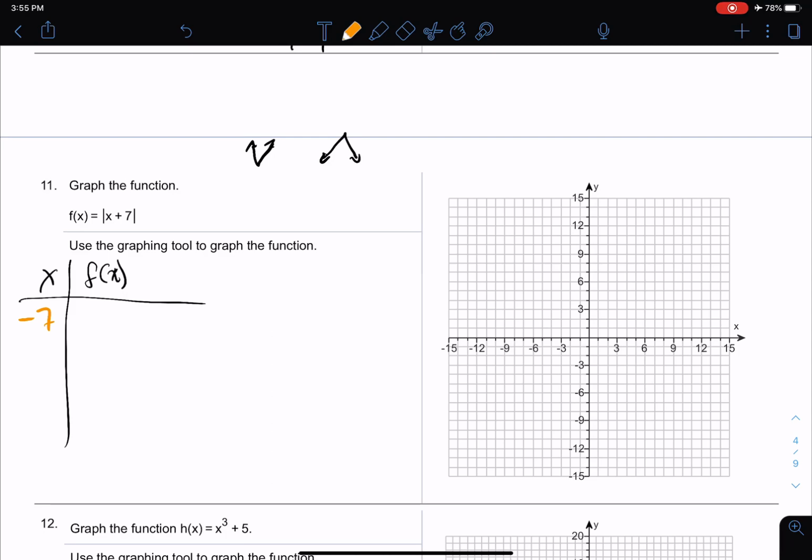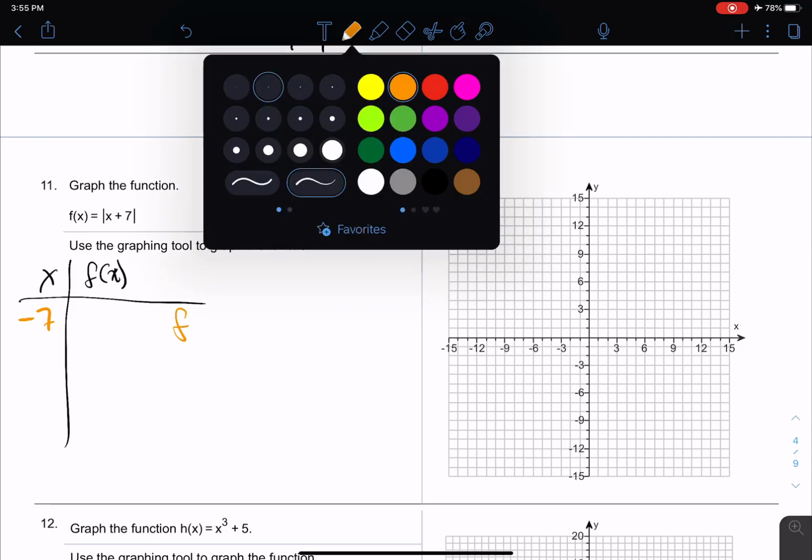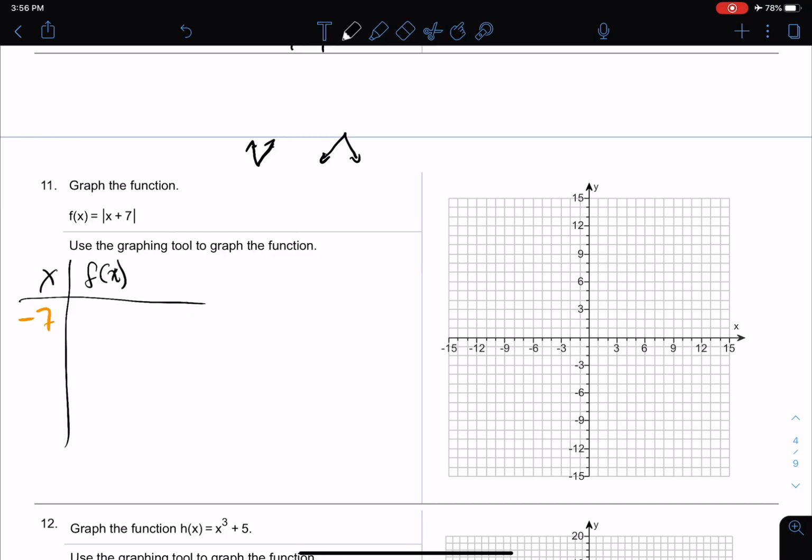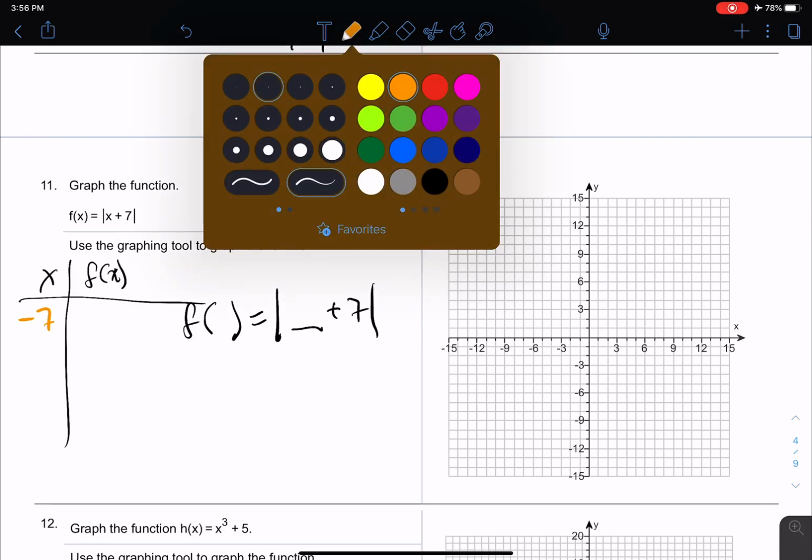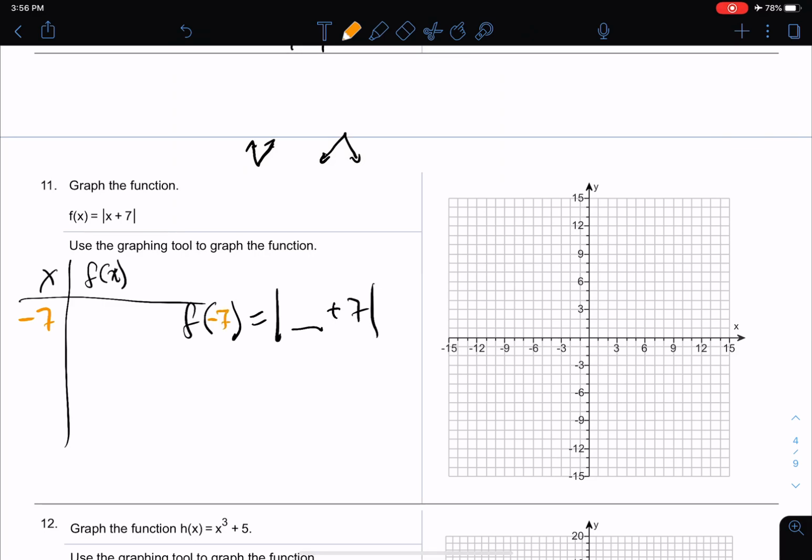What is the function? The function is f of x equals the absolute value of x plus 7. So now go ahead and use this color. My input is -7 for my x value, and it replaces the x value.